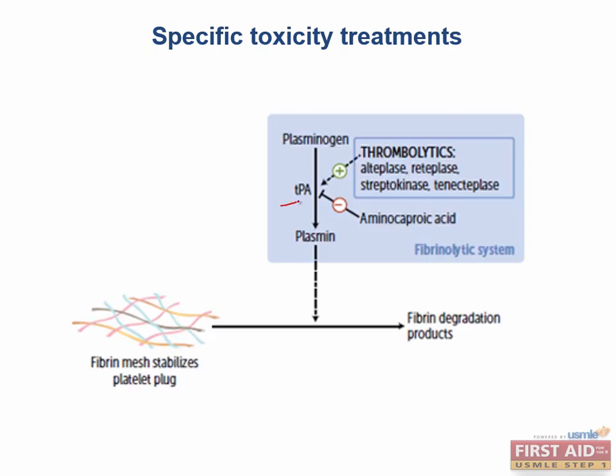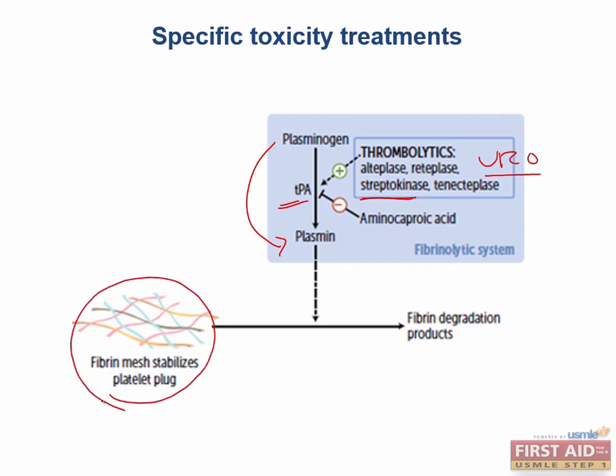Now what about TPA, streptokinase, and similarly urokinase? Recall that tissue plasminogen activator, streptokinase, and urokinase all activate plasminogen, the zymogen, into plasmin, which is the active form. Now plasmin is responsible for fibrinolysis, for breaking up the fiber mesh and creating fibrin degradation products.